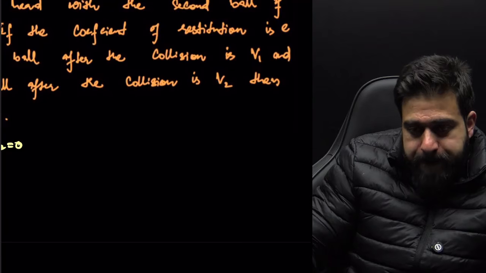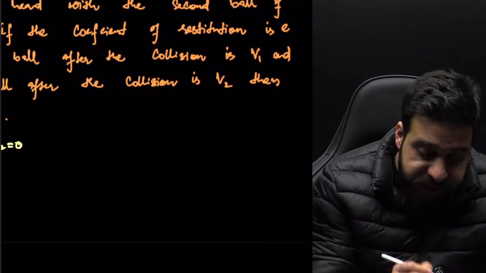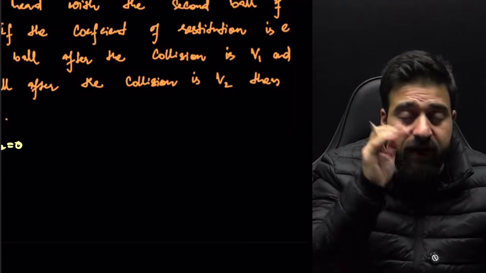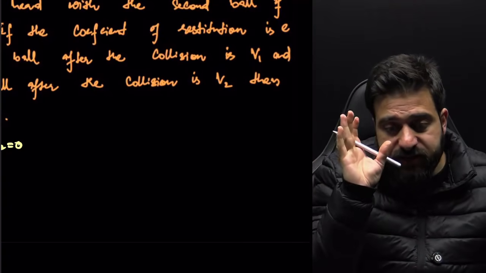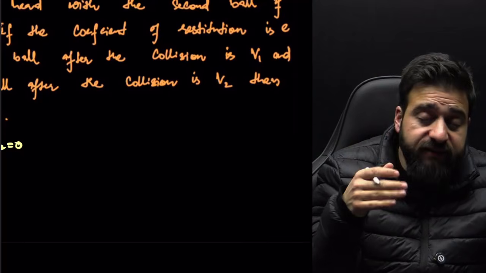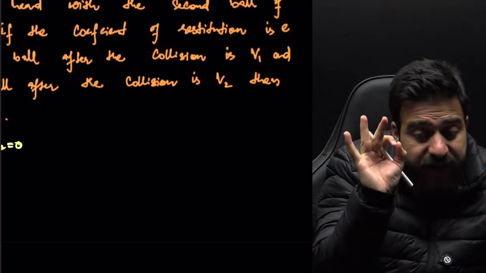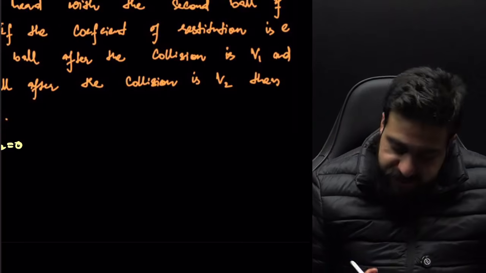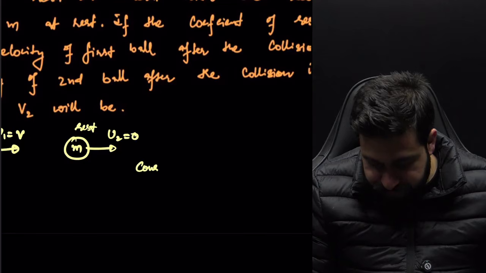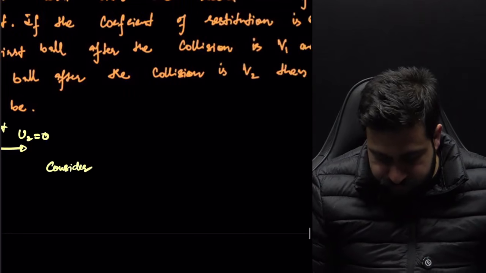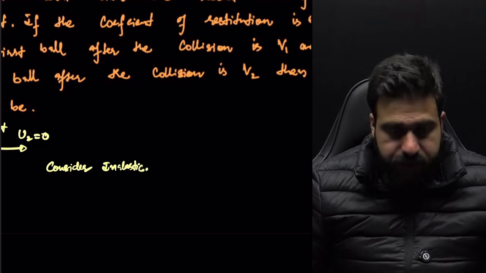That means it is an inelastic collision. If it is given as 1, you'll consider it elastic. If it is given as 0, it's perfectly inelastic. If it is generalized, that is E, it is inelastic. So consider inelastic.